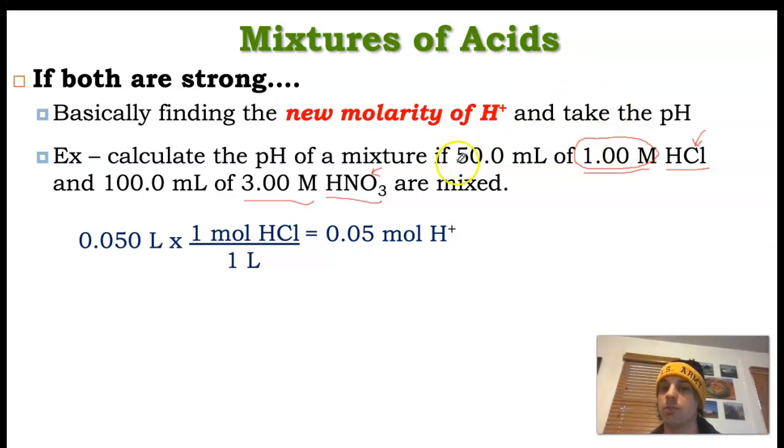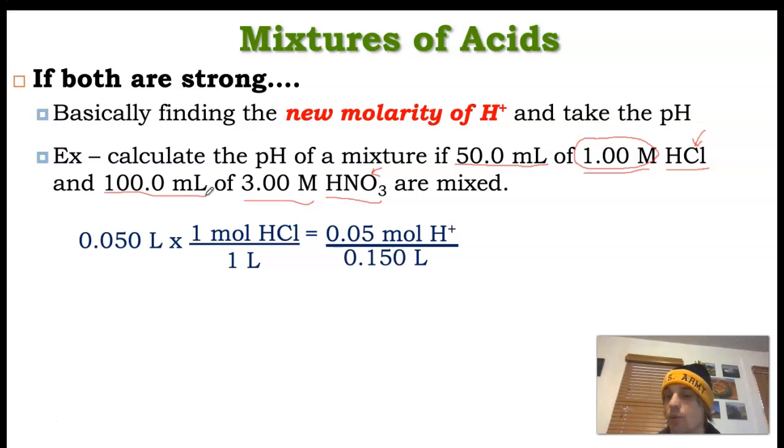What is my new volume? Well, I'm mixing 50 milliliters with 100 milliliters. So what is my new volume? 150 milliliters. So what am I going to do? I'm going to divide this by 150 milliliters, or 0.15 liters. And that gives me my new concentration of H based on my new volume.